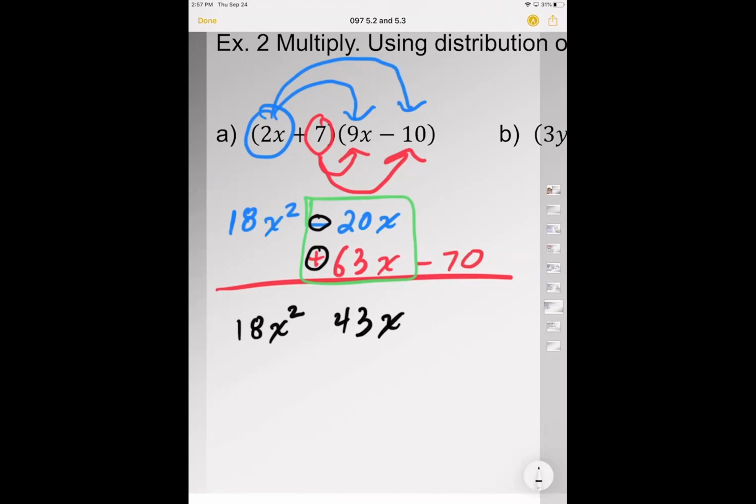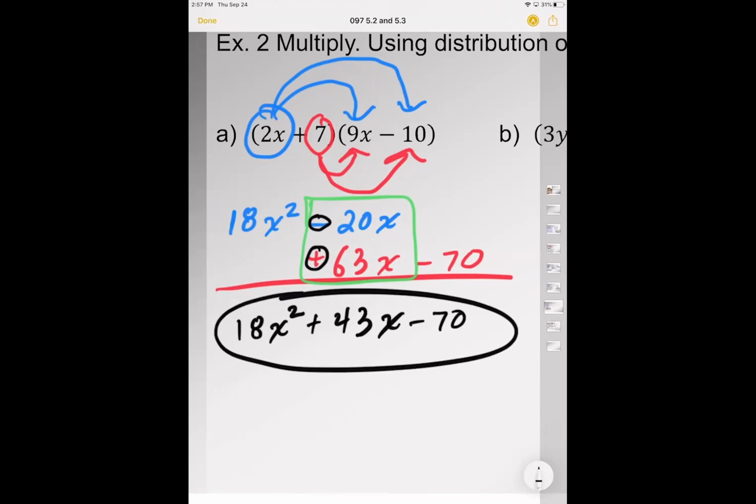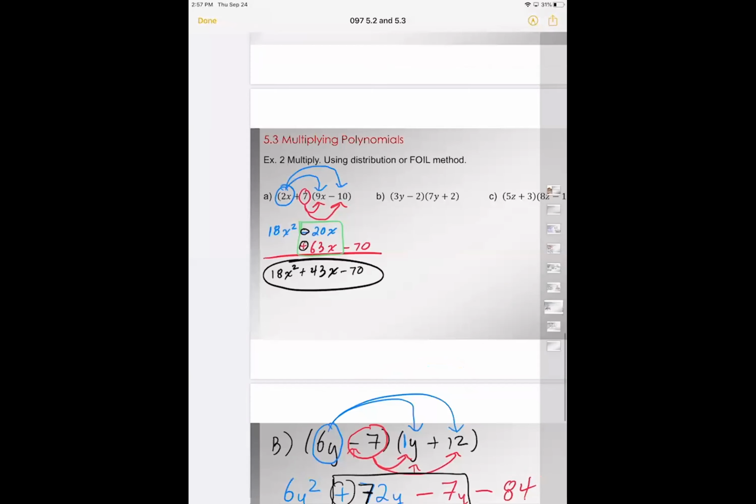Do you agree that 63 is bigger? So the 43 will be a positive 43. And I bring down my -70. So as you can see, FOIL is the same: first times first, outside times outside, inside times inside, last times last. It is the same idea as using your distributive property.